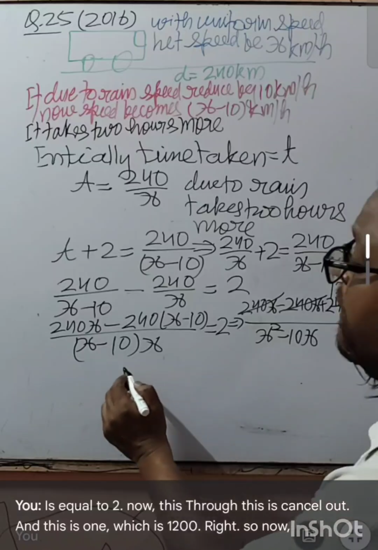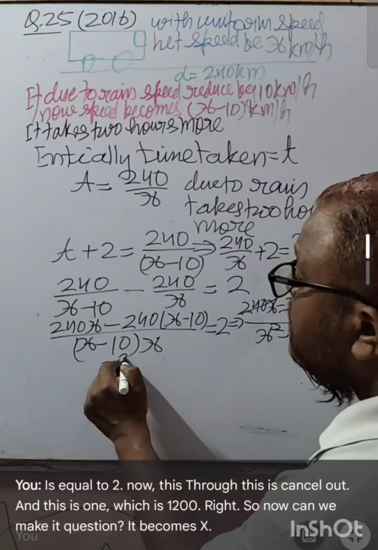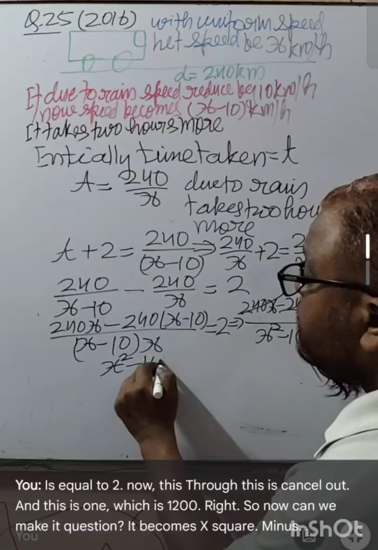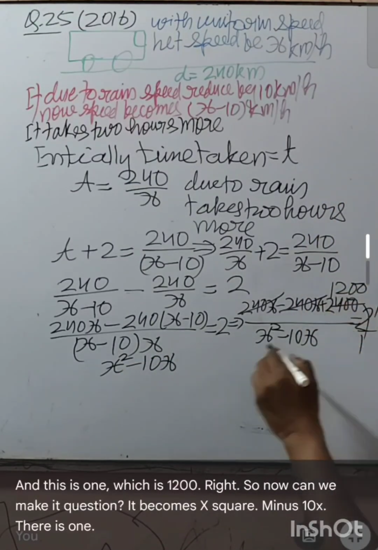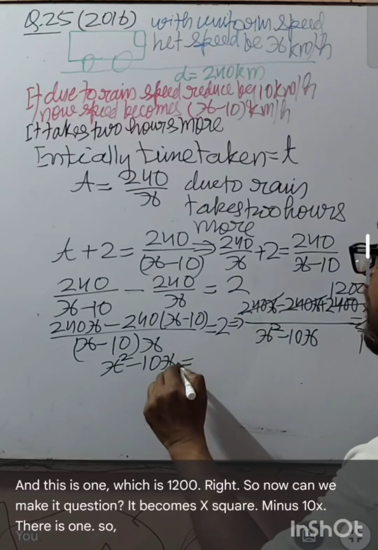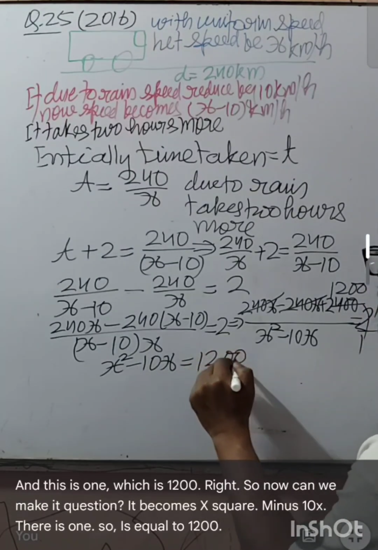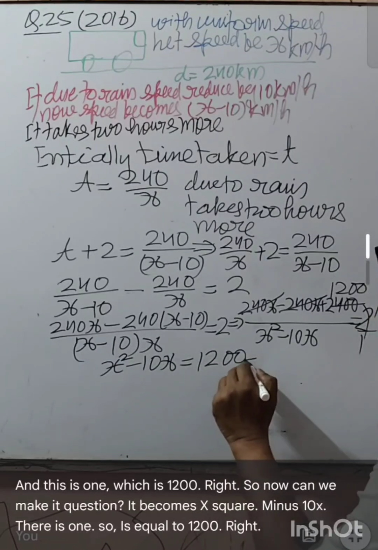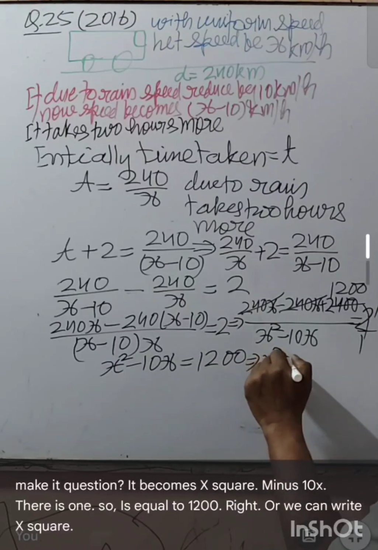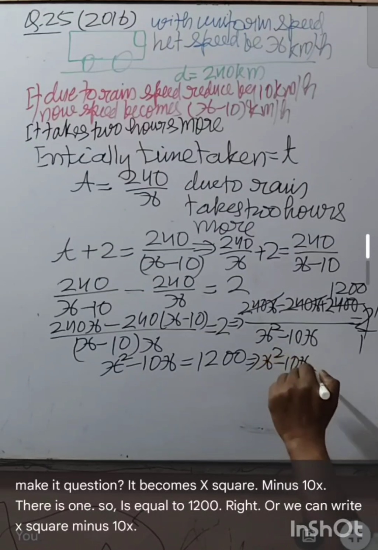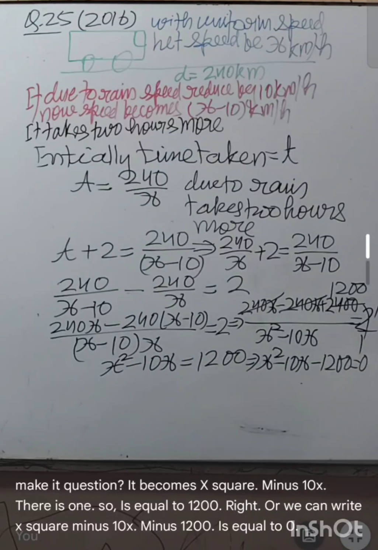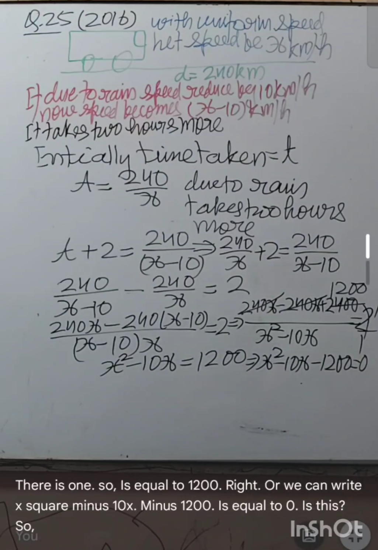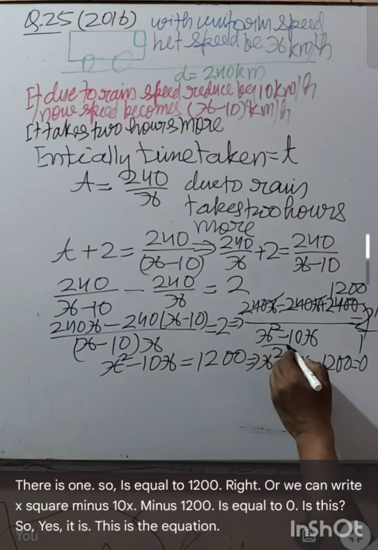So when we make an equation, it becomes x square minus 10x is equal to 1200, or we can write x square minus 10x minus 1200 is equal to 0. Is this so? Yes, it is. This is the equation we get.